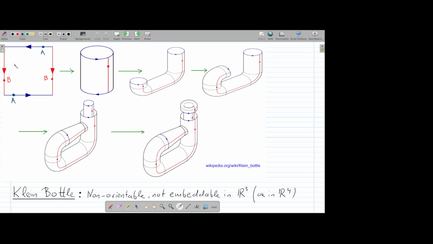So we cut this rectangle and we glue those two sides and we obtain a cylinder. But now we cannot glue the top and the bottom like we did on the torus, because the direction of the gluing is opposite here and there. So we somehow have to twist the bottom circle so that its direction matches with the circle that we are planning to glue it with.